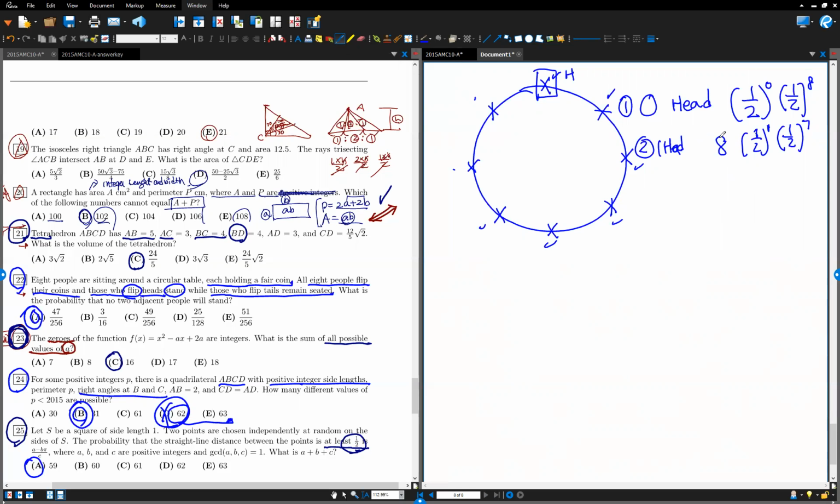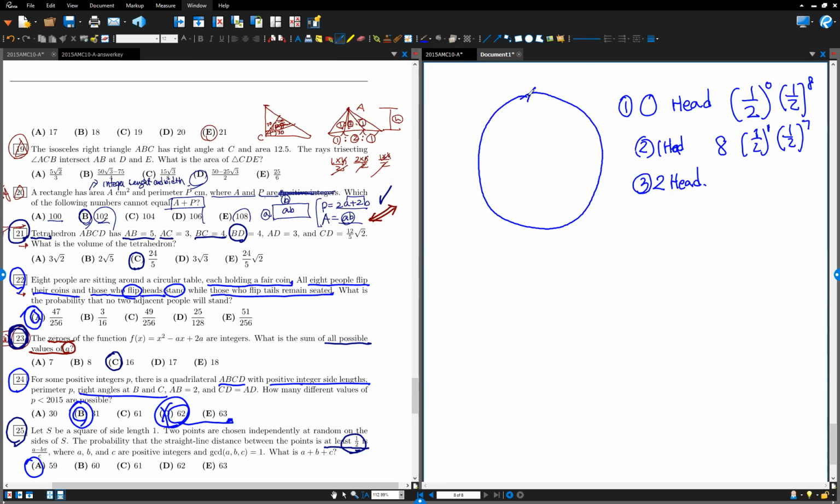Now the next one, 2 heads. 2 people stand up, 2 heads. How many different ways for 2 heads? These 2, or these 2, or these 2, right? But those are neighbors, right? That's no good. So 2 heads means not adjacent, okay?